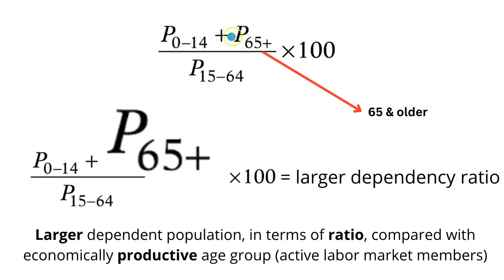Again, the P65 in the numerator is a very big part of the aging process, because if we have a larger proportion of the older generation, it means that the aging process is very fast in that country.